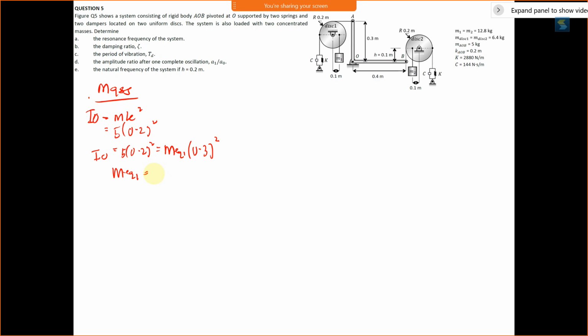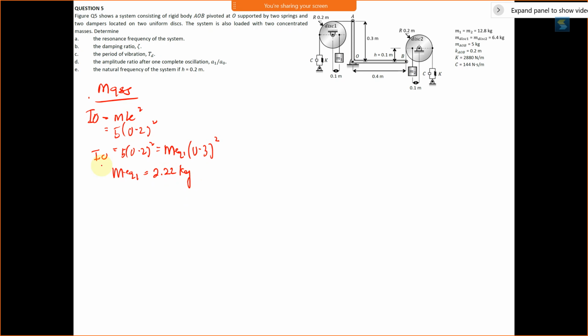Betul ke ni? 2.22. Yes, correct. So 2.22 kilogram. Okay, 2.22 kilogram.